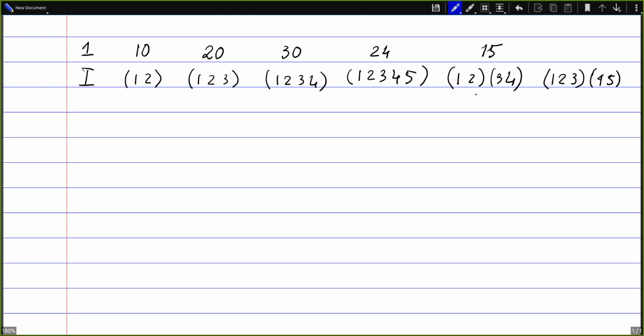The fixed point can be chosen in 5 ways, and then once we have chosen the fixed point, from the rest 4 we have to choose 2 for the first transposition. 4C2 is 6. But since the disjoint transpositions commute, the number has to be divided by a further half, and so that is 15.